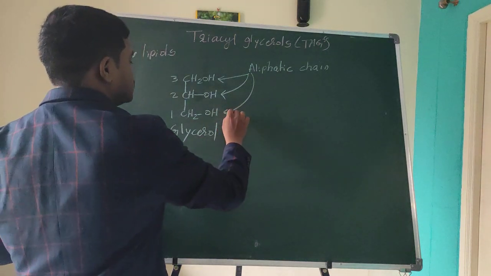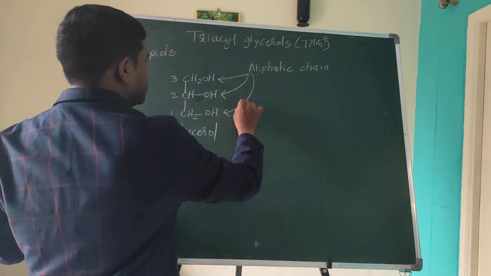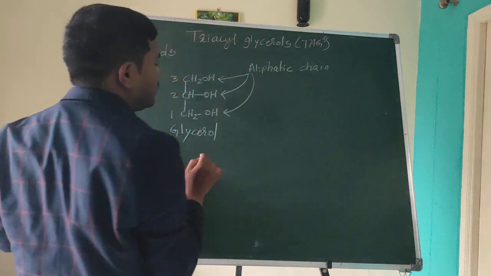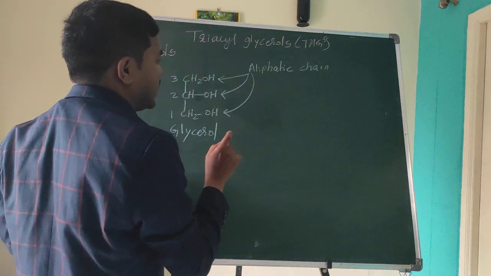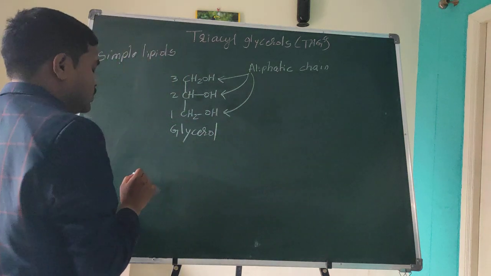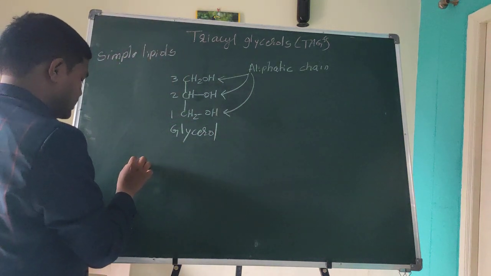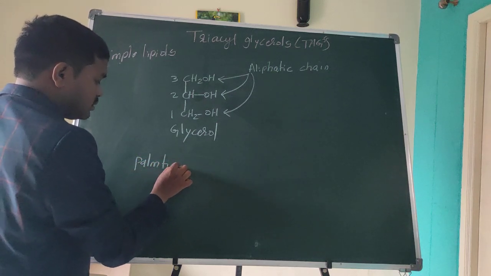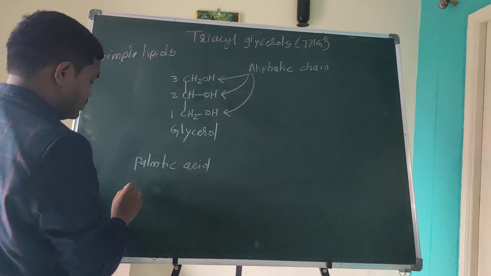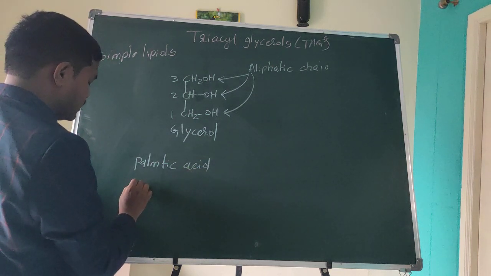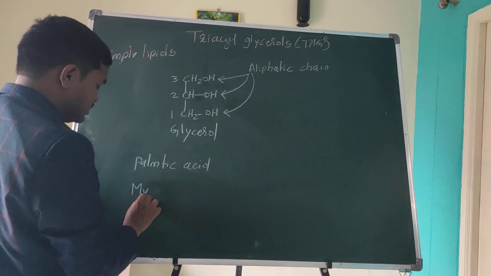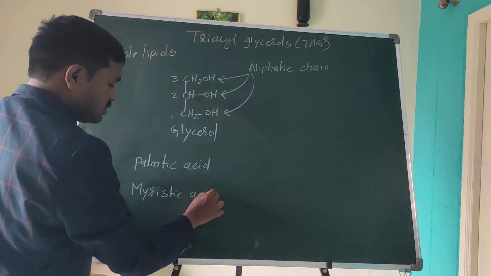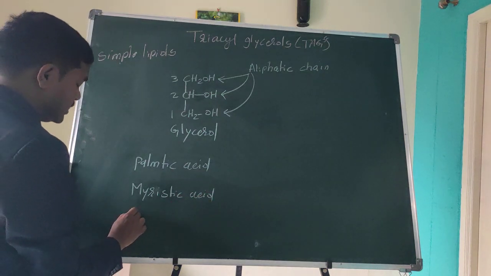If only one type of aliphatic chain, it may be palmitic acid, it may be myristic acid, it may be stearic acid.